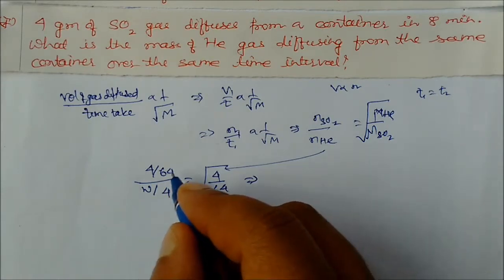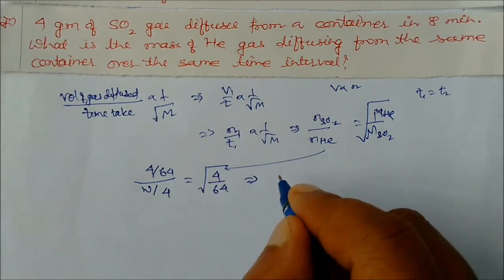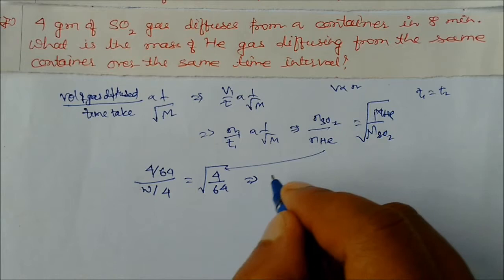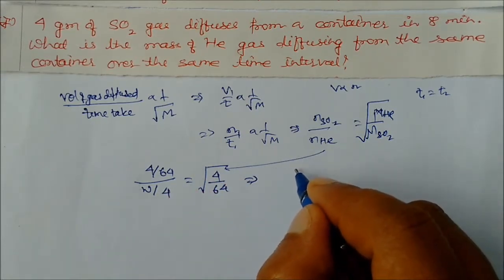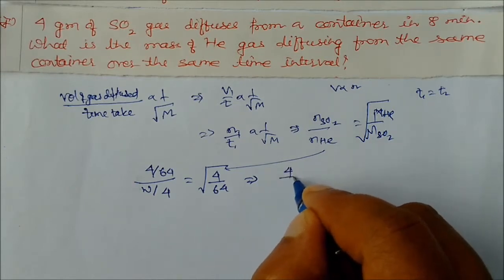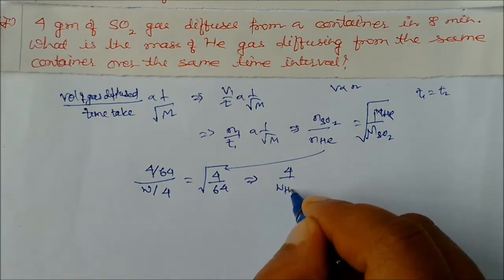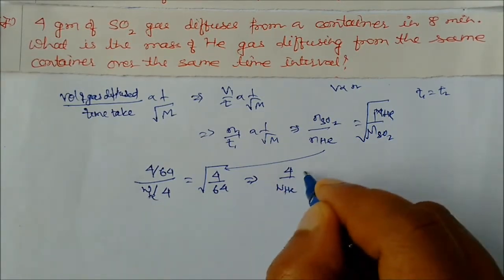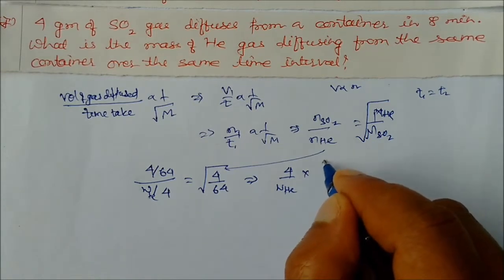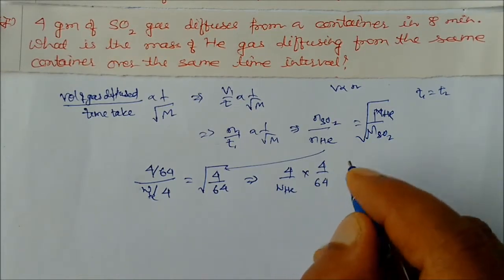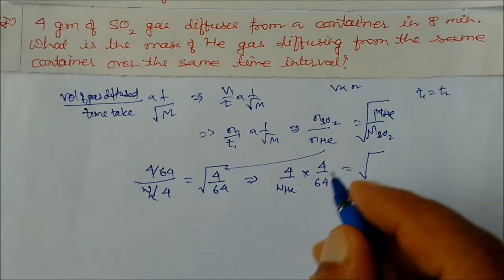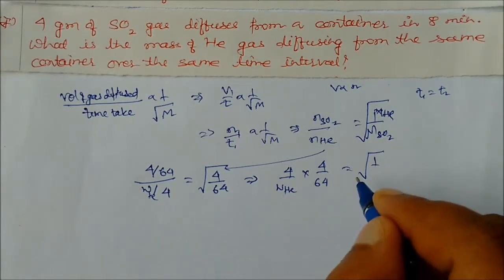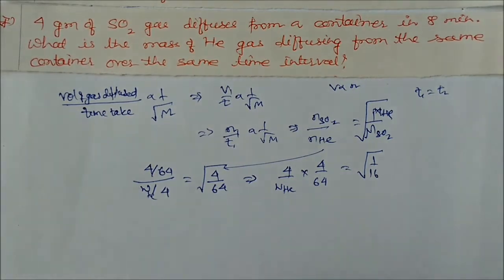So this will be the square root of 1 by 16. Multiplying, 4 upon the weight of helium, multiplied by 4 into 64, is equal to the square root of 1 by 16, which is 1 by 4.